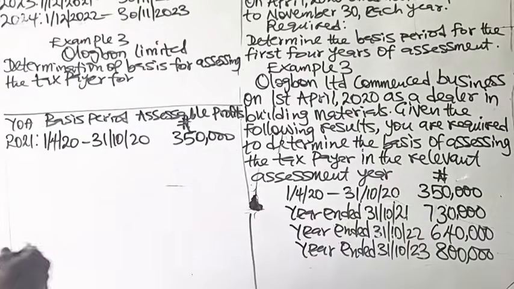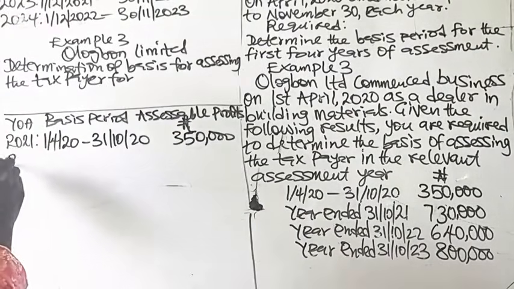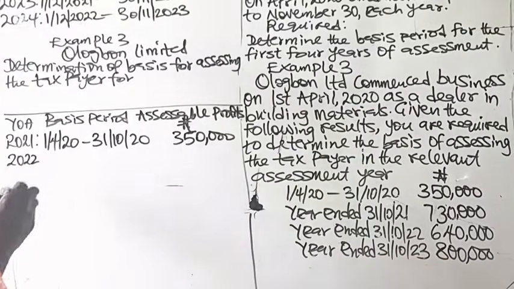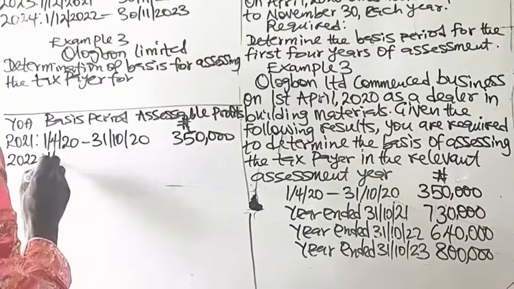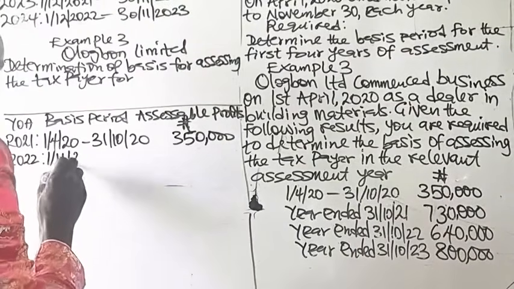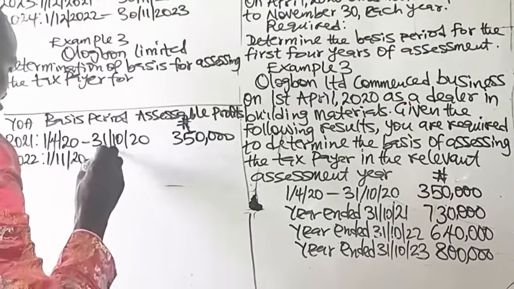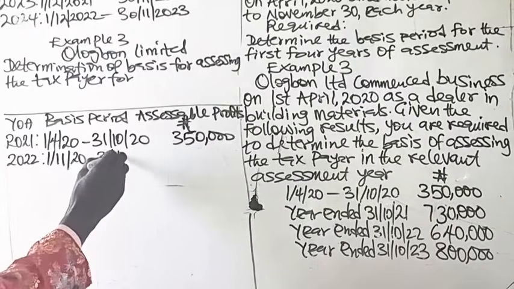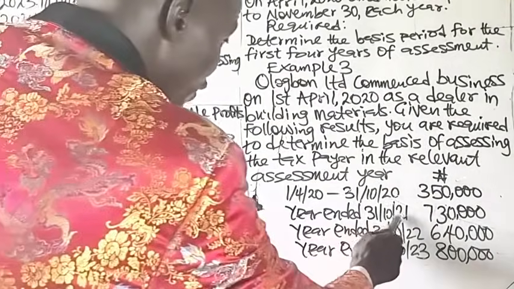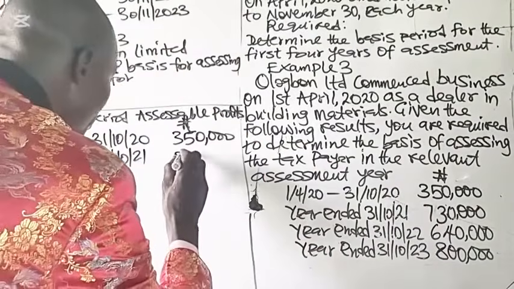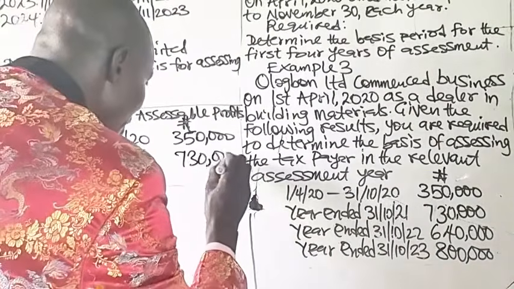Then we have year ended. This is 2021. Then the year that follows is 2022. The basis period after October will be 1st of November 2020 to 31st of October 2021, and that profit is 730,000.